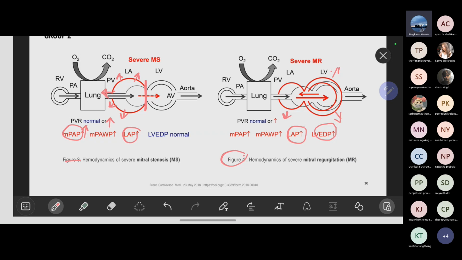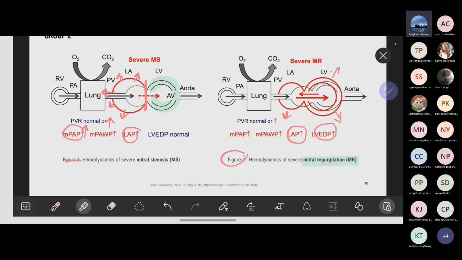So you could see LV dilatation and LV enlargement in patients with mitral regurgitation, but you couldn't see LV dilatation in patients with mitral stenosis.